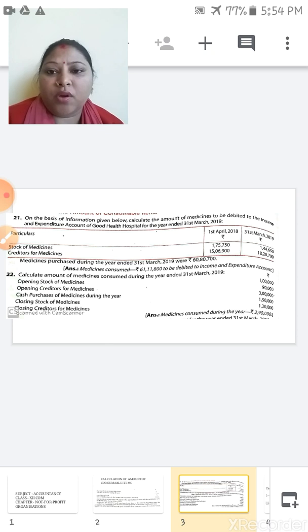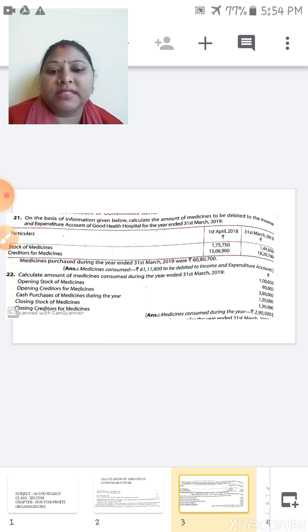What is the format for calculation of a consumable item? Opening stock plus net purchases minus closing stock. So here opening stock of medicine 175,750 plus net purchases.